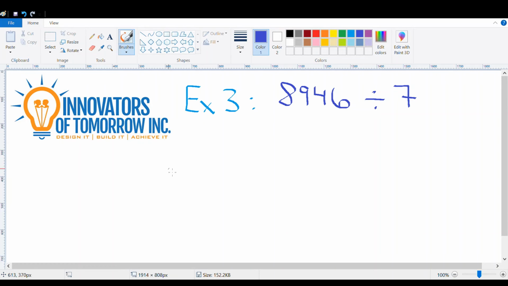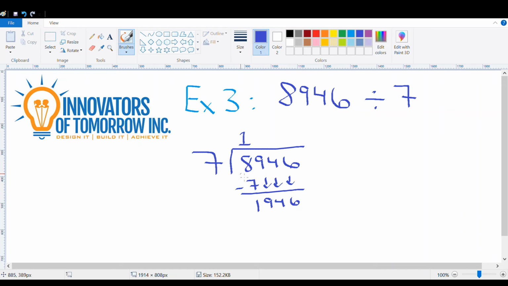Let's work another example. Like always, we've got to set up for long division. Now we take 7 and see if it can fit into 8. 7 does fit into 8 one time, so we have 1 up top, and we subtract 8 by 7. That result gives us 1, and we drop the rest of the dividend.